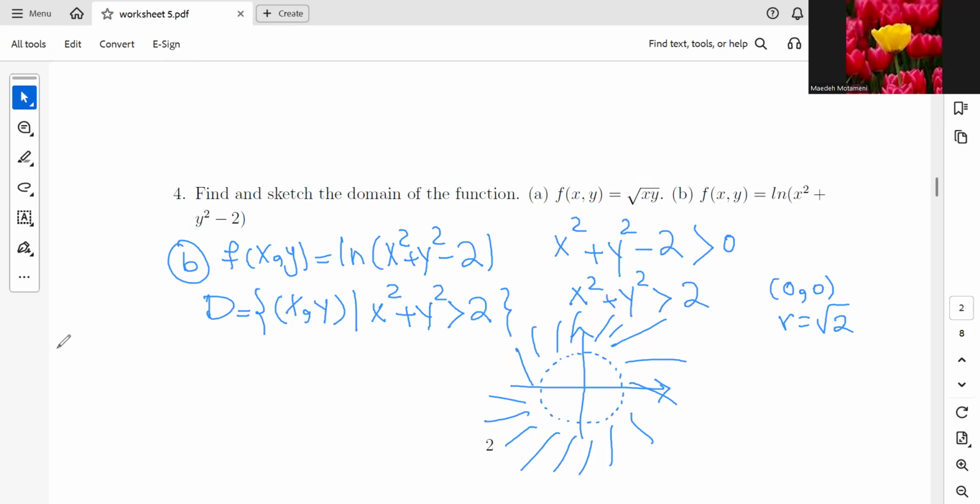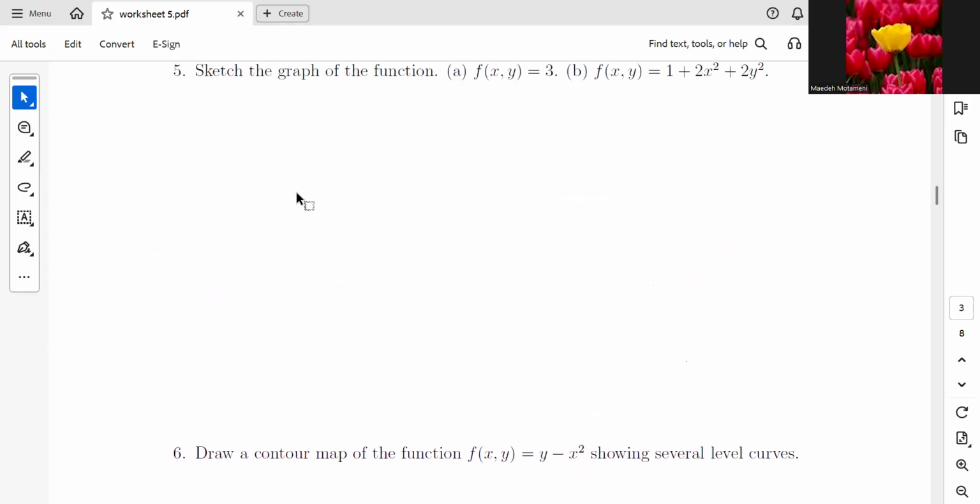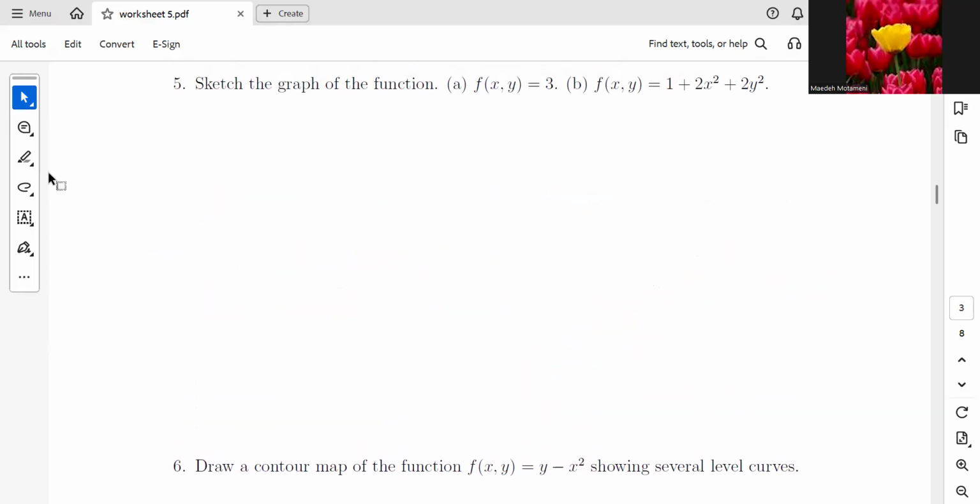Number 5. Sketch the graph of the function for part A. It's just f of x and y equals 3. So it can be said that we have z equals 3, or f of x and y is 3.